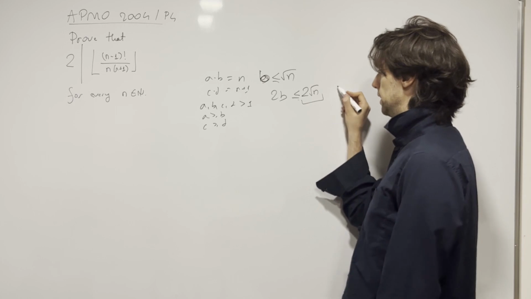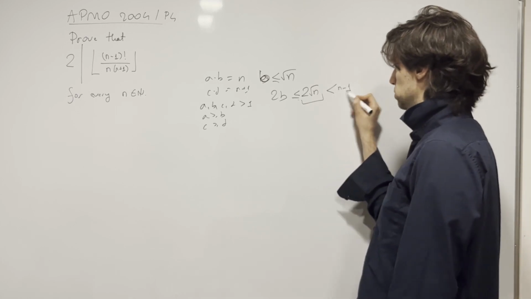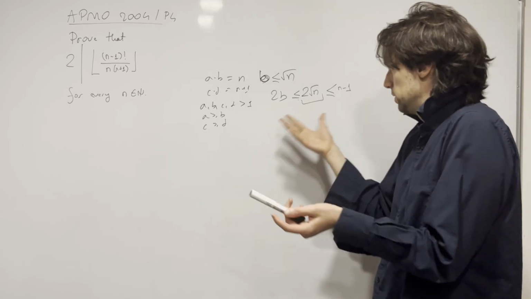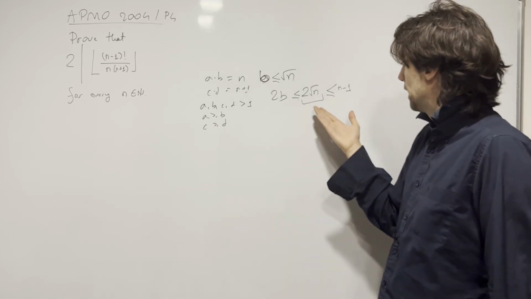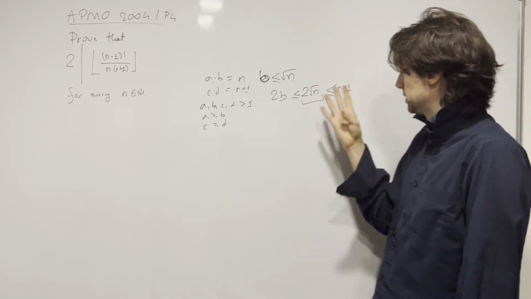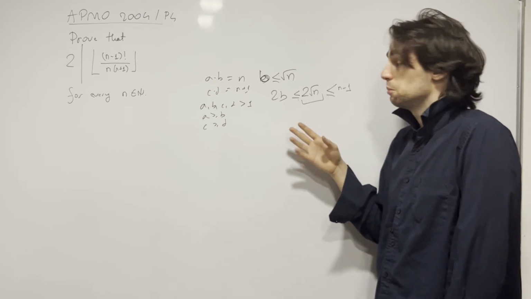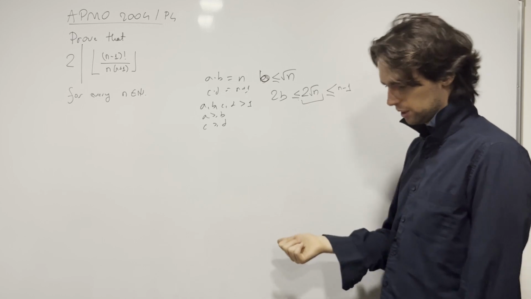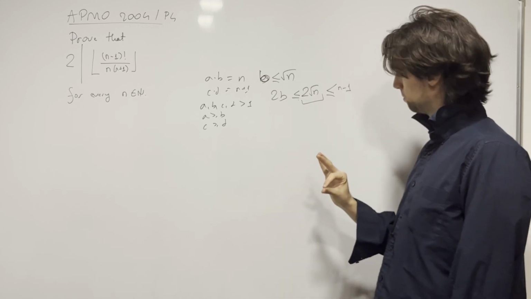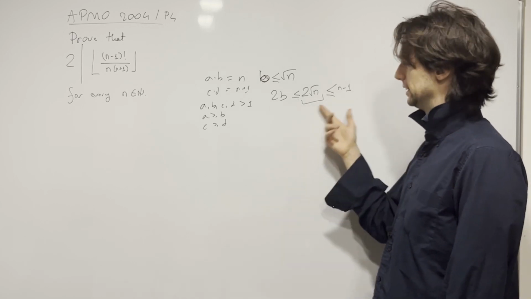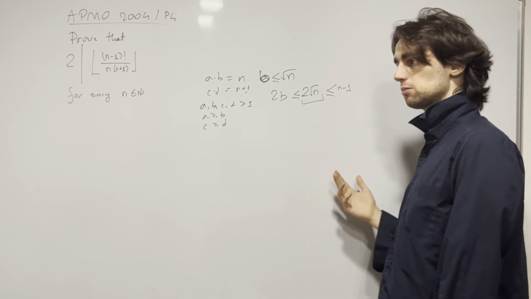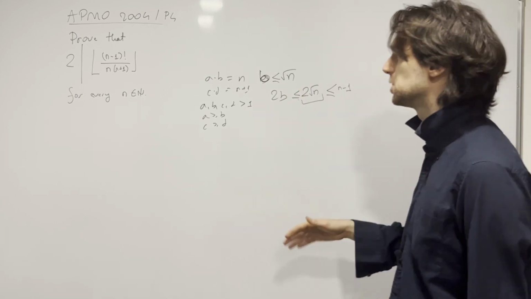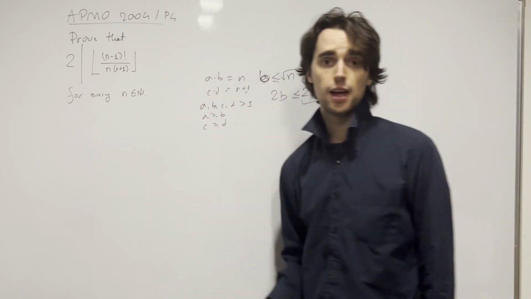We need to have that n minus 1 is greater than or equal to this. That's basically the only thing we need to have. And for say 4, this isn't true. But then for 6, this is 2 times the square root of 6. The square root of 6 is around 5. Again, this is not true for 6. But we don't have that problem for 6. So maybe just a couple of cases we would need to do by hand here.